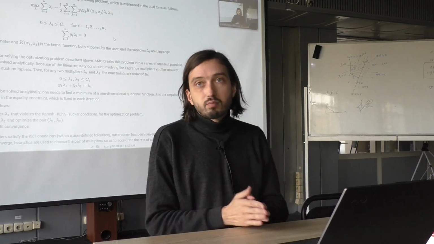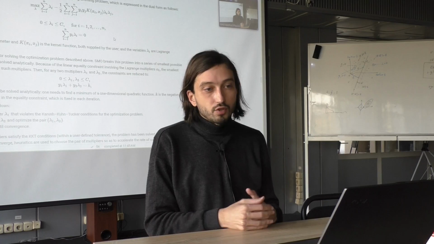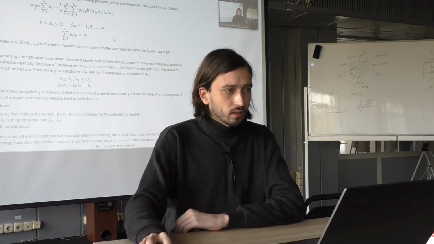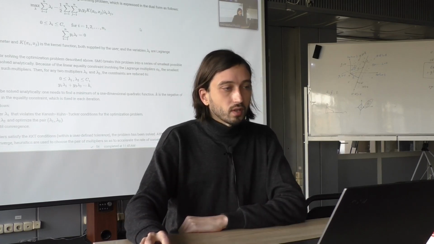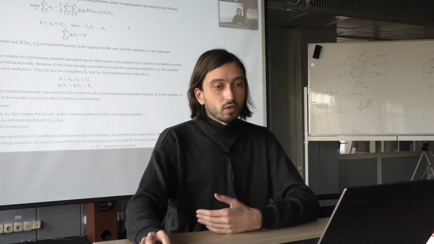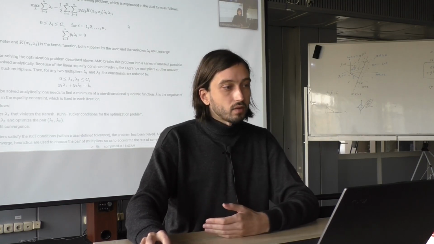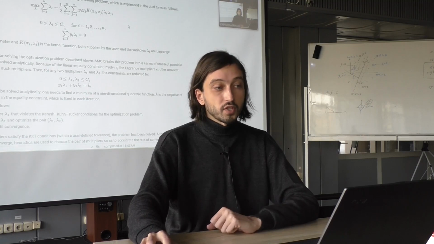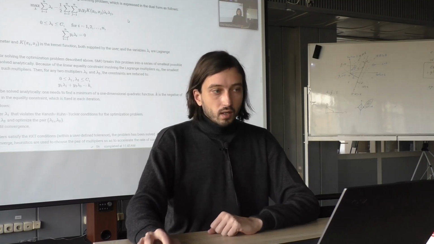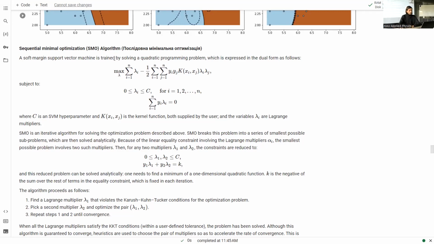Okay, so now probably the last part I will show you. I want to show you how this dual classifier, or this kernelized support vector machine, is trained. The algorithm is called sequential minimal optimization, or SMO. It allows us to basically find the maximum of this thing.